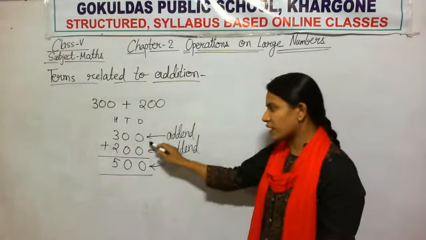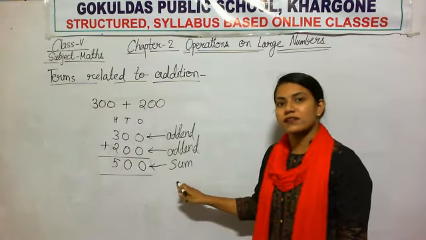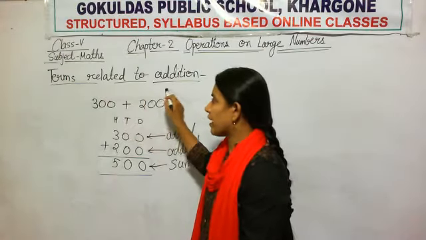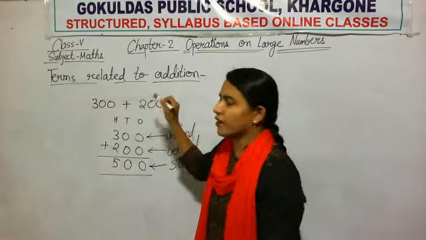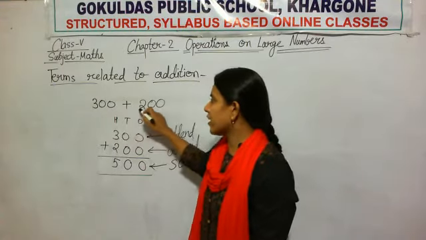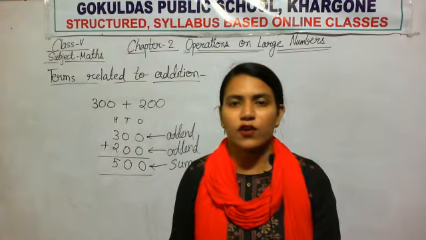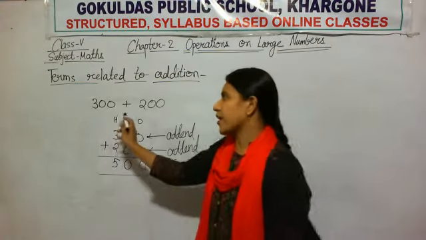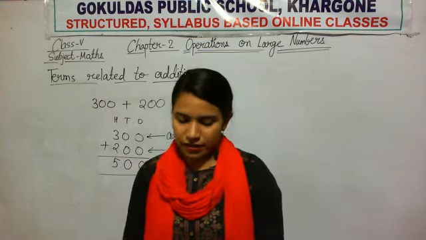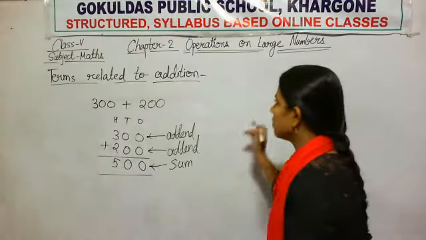The result of addition, 500, is called sum. And the numbers to be added, here 300 and 200, are called addends. 300 is the first addend and 200 is the second addend, right? I hope you understand the terms.